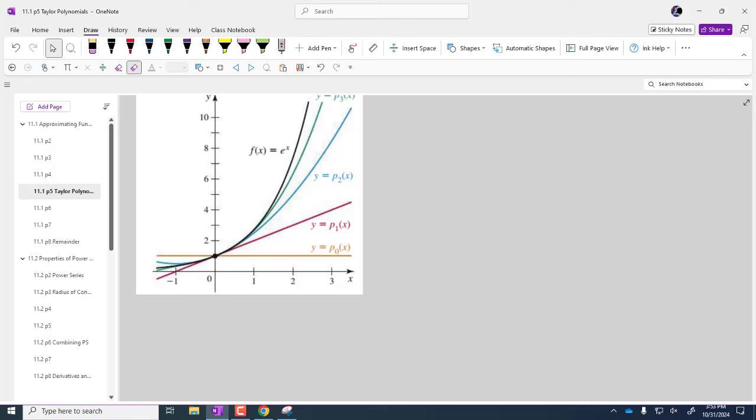Your area on which it's a good approximation gets wider and wider as you go further out in the Taylor expression.